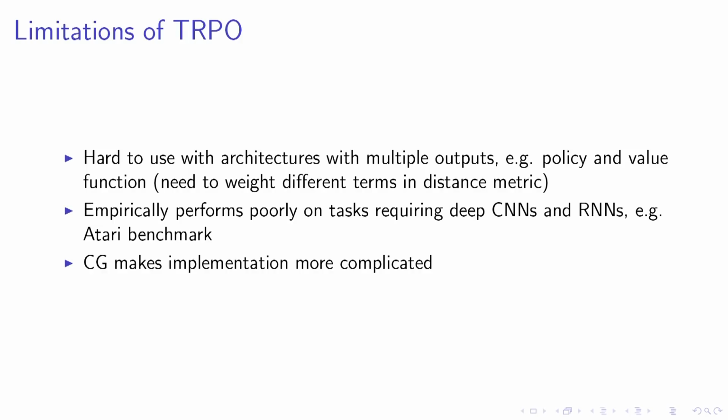Empirically, it performs kind of poorly on tasks involving deep convolutional neural nets and RNNs, at least on certain benchmark problems, like the Atari benchmark. I don't know exactly why this is true, but it might have to do with the first thing, but that's not the full explanation. And third, the conjugate gradient makes it a little bit less flexible than if you just had to do SGD, and it makes it more complicated.